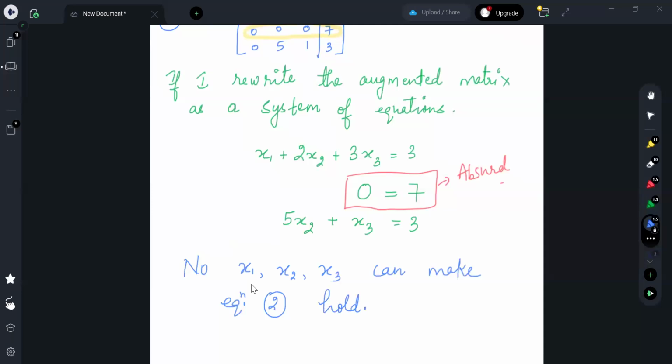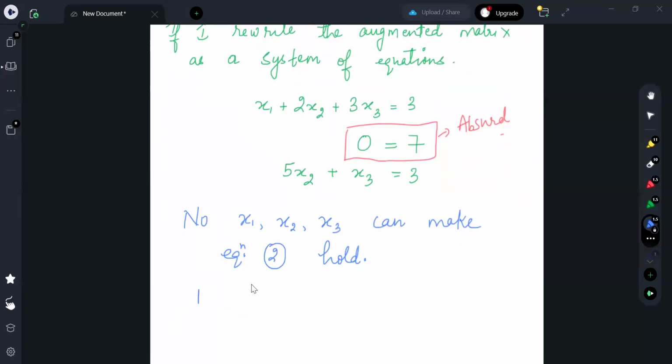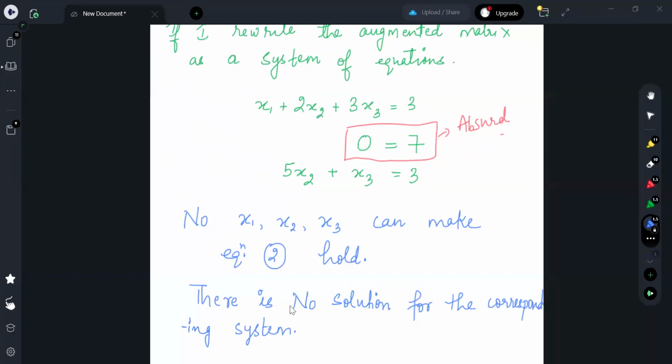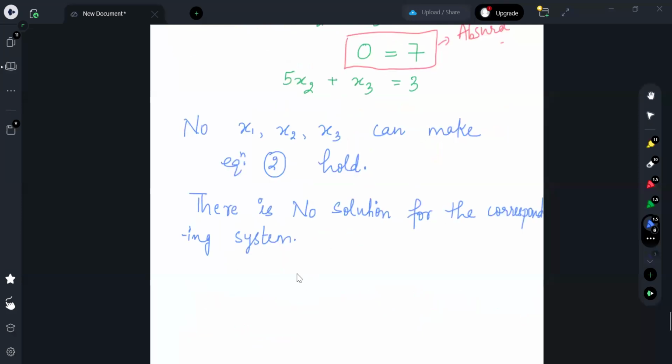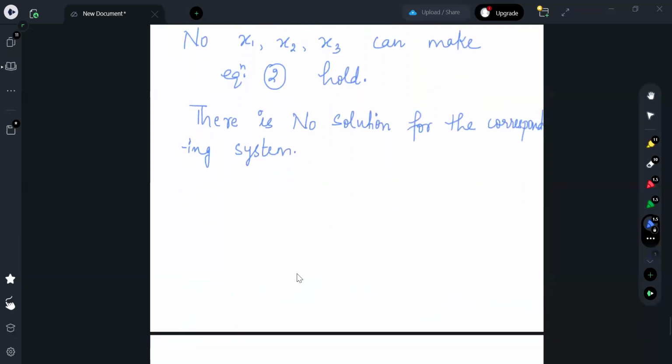So there is no solution for the corresponding system. And this is how you check if a system has no solution.